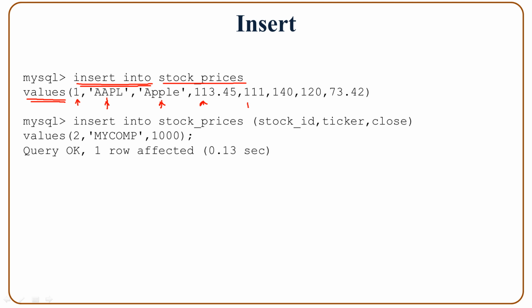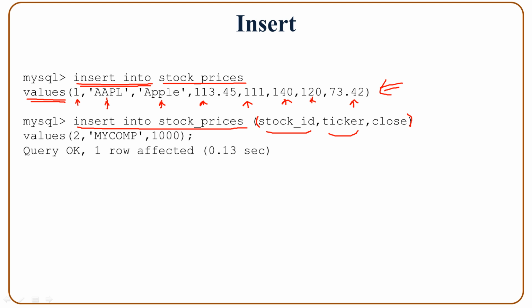And in this case, you enter values for all the columns. But what if you just want to use a few columns? Then you need to specify the columns that you want to insert data for. So that is the second example. Insert into stock prices, and then in the parentheses you specify which columns you want to enter the data. You need to enter data at least for stock ID and ticker, because when you specify in the table, the two columns are not null.